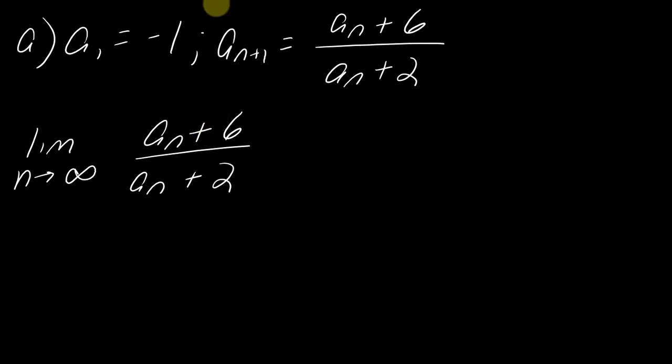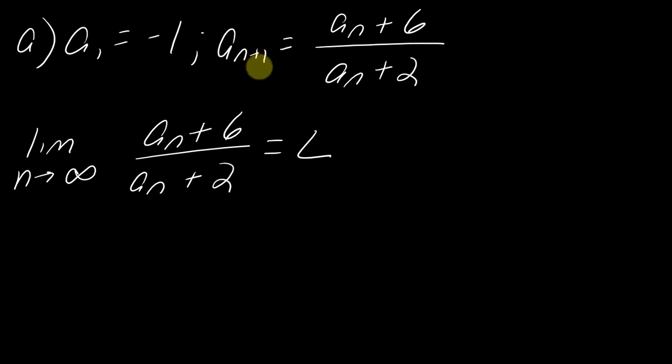Now, one thing I want to state: as we get to an infinite amount of terms, it doesn't matter at some point if I have the n plus first term or the nth term. These become a negligible difference as n goes to infinity. So I'm bringing that up because at some point I know that this is going to end up converging to some limit L, at least I think it is.